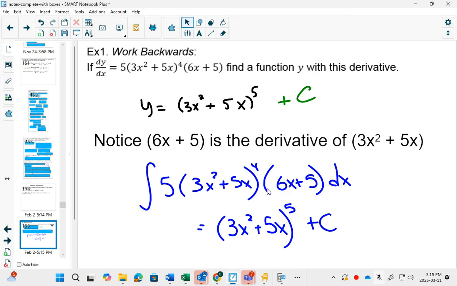I want to find a way that we can figure this out easily. And the technique that we're going to learn is called integration by substitution.